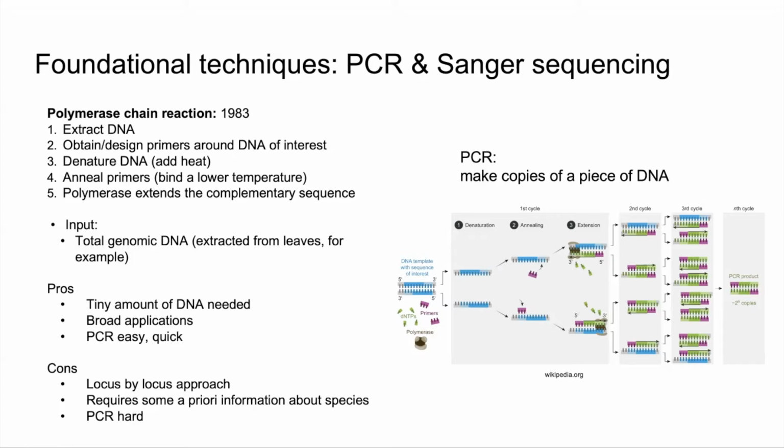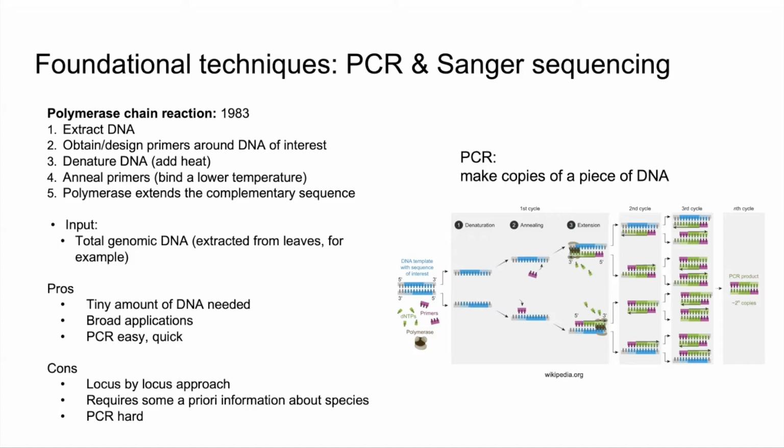You design short primers that stick to either side or end of that template region of interest. And then you add heat to separate your double-stranded DNA into two single strands. You lower the temperature to allow those primers to anneal to this single-stranded DNA. And then a DNA polymerase enzyme will help to extend that complementary sequence.